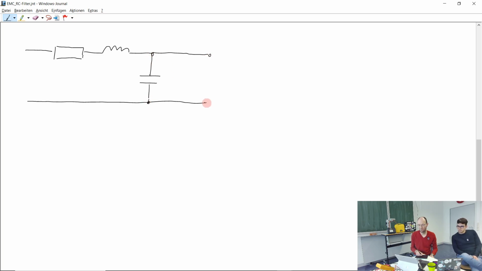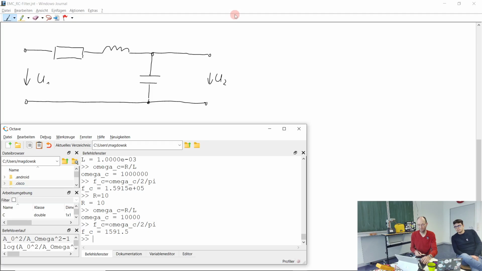And so if we write down the transfer function of this, the ratio between input voltage and output voltage of this filter in Octave.